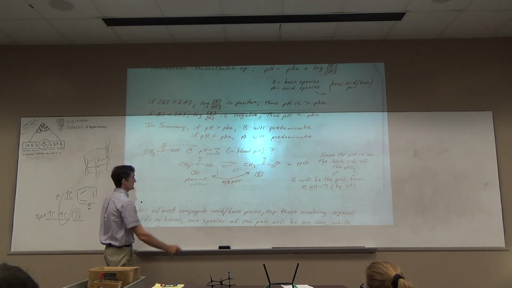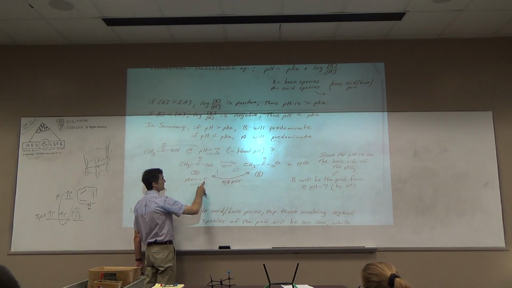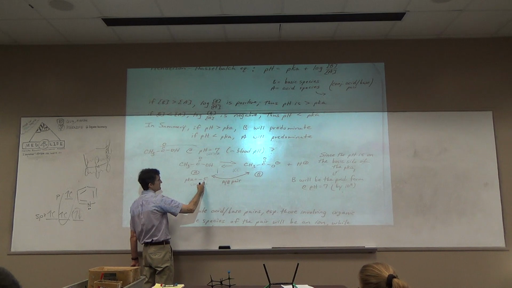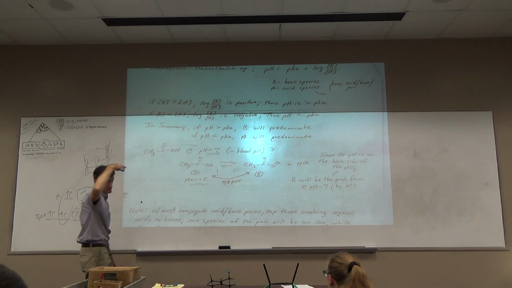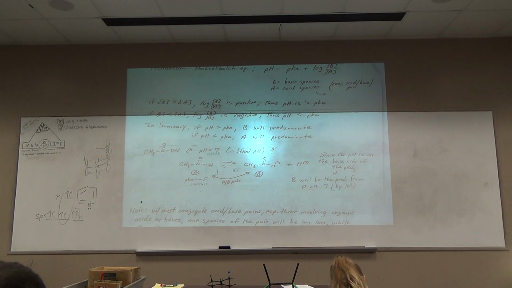Very often, students will say, okay, 5 is on the low side of 7, so it's acidic. No. You want to look at where the variable number is, where the constant is here. There's your mark. Variable, where is it sitting? Is it high or low? It can move.